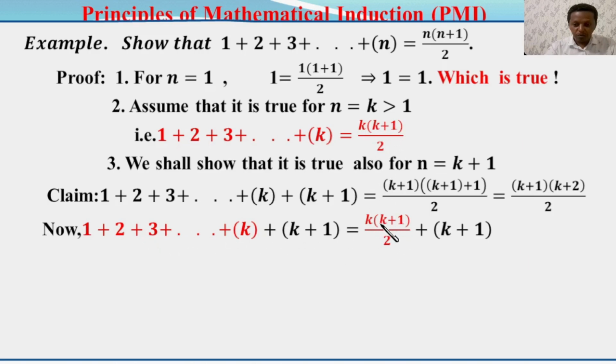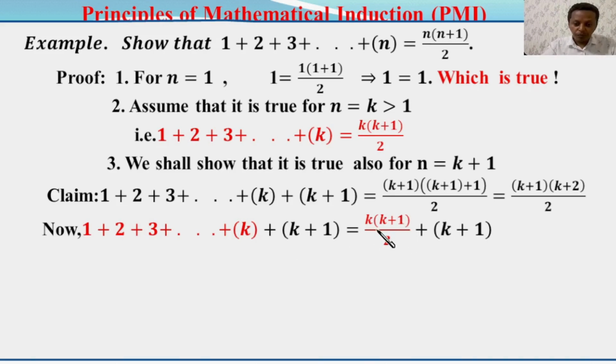This is our assumption. And based on this assumption, we are going to show that the sum of the first k plus 1 also equals (k plus 1) times (k plus 1 plus 1) over 2.